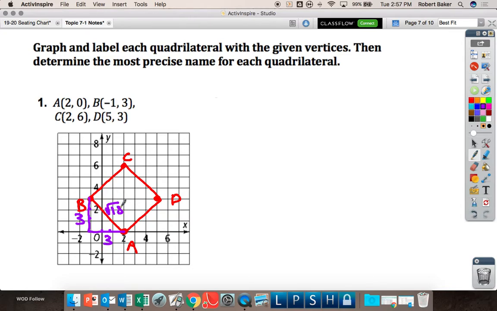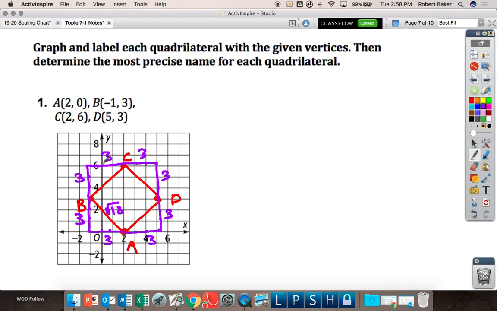Let's try it over here. 1, 2, 3. Is that going to return a different answer? No. It's the same answer on each different diagonal.